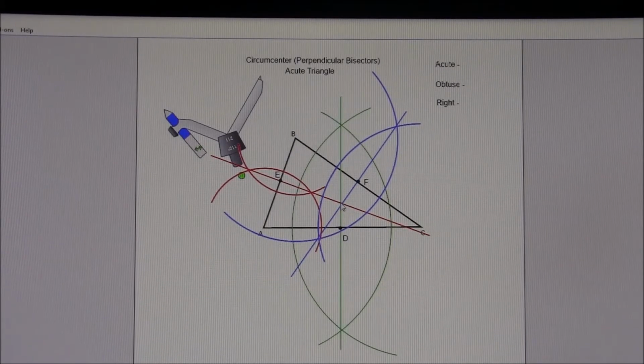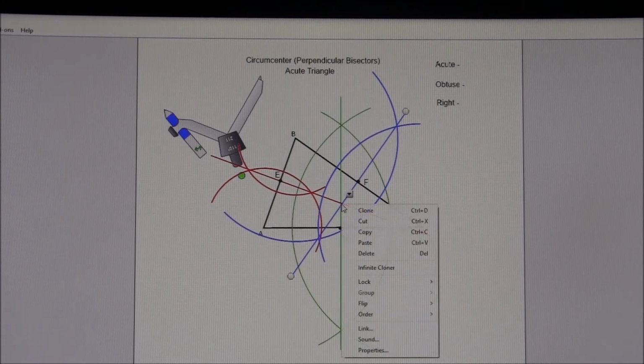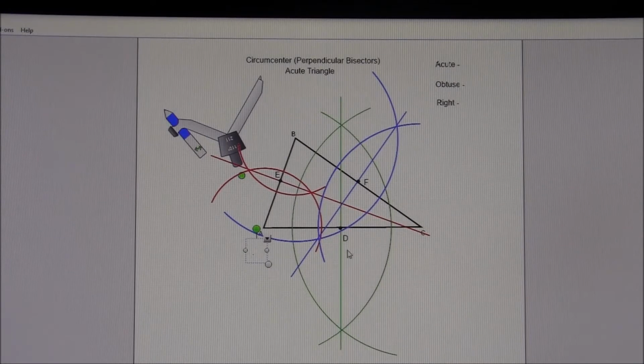Oh look, they meet in here. So in an acute triangle, for a circumcenter, which are the perpendicular bisectors, they still meet on the inside.